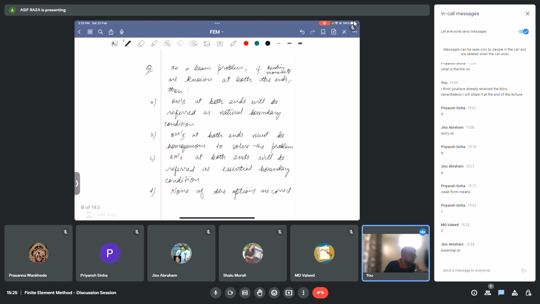I just modified the previous question. I'm saying instead of displacement this time we are given the bending moment at both the ends. So these bending moments at both ends will be referred to as natural boundary condition, or they must be homogeneous to solve the problem. Third option is essential boundary condition. Fourth is none of the options are correct. So answers, guesses.